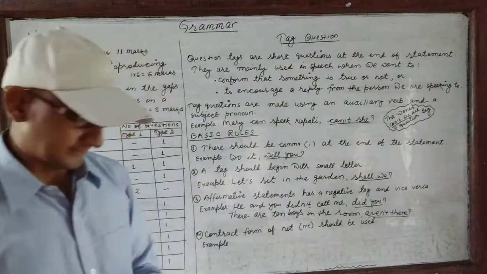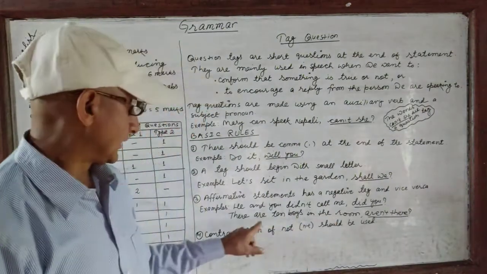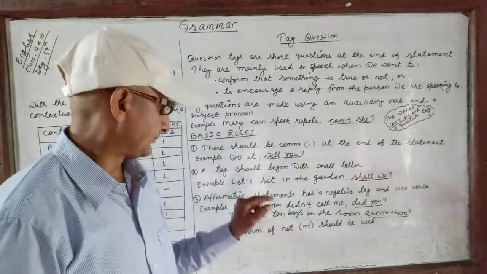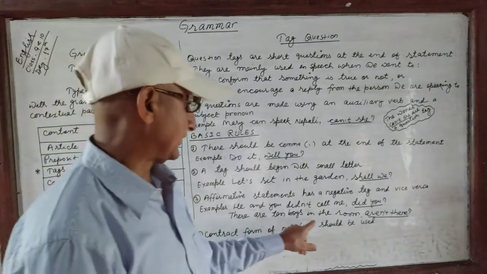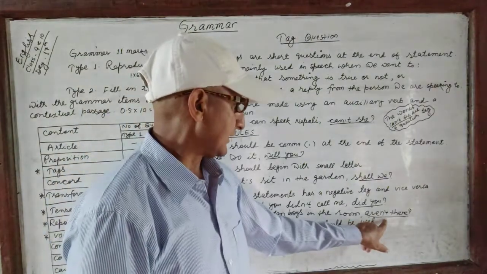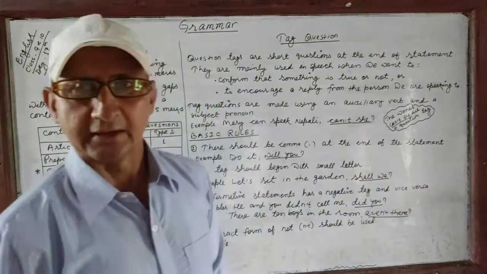There are 10 boys in the room, aren't there? The statement is positive, an affirmative statement. For an affirmative statement, we write a negative tag. Aren't there is the negative tag.